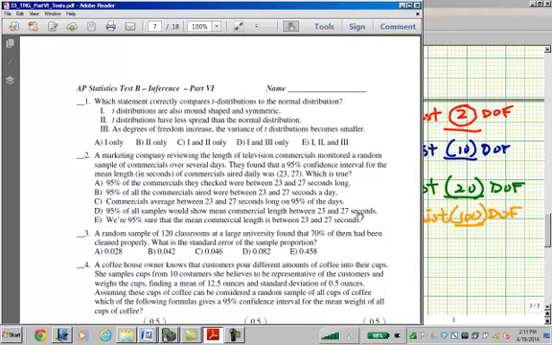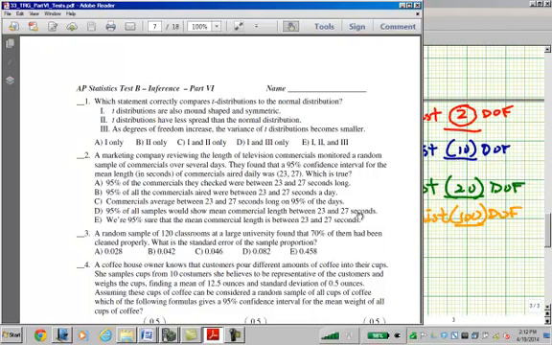D, 95% of all samples would show mean commercial length. What is this saying? If you took 1 billion samples, 95% of them would have a confidence interval between 23 and 27 seconds. Now think about that. That is extremely unlikely, especially since we're measuring seconds here. It's possible that there would be very few or none.